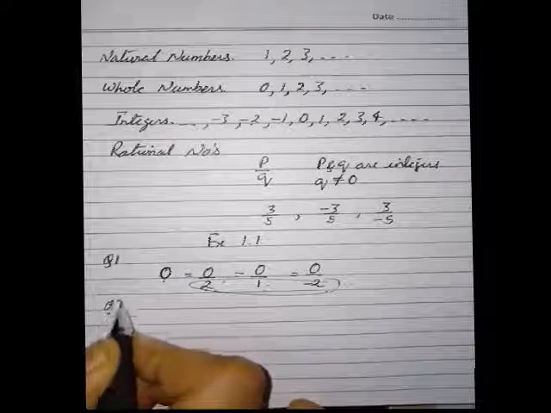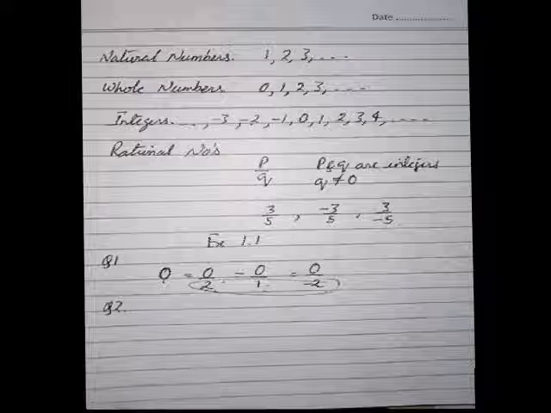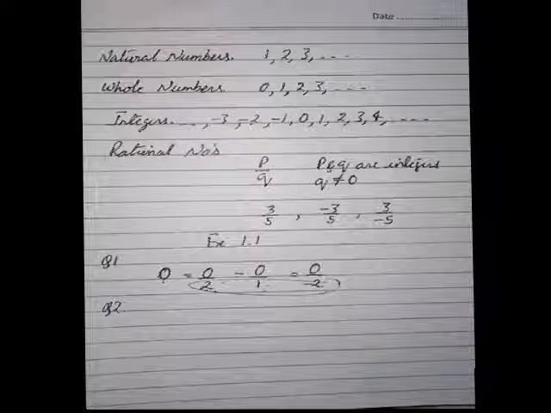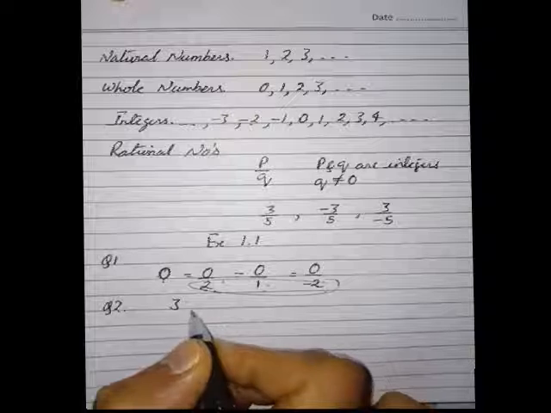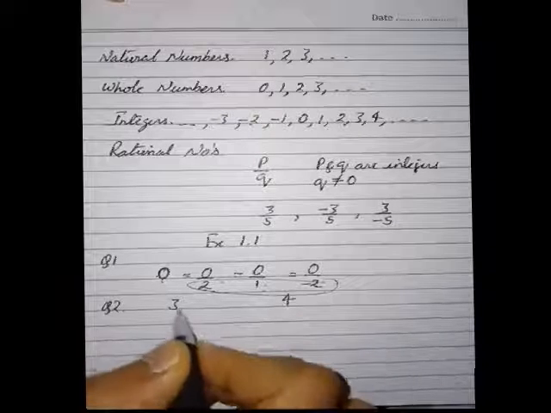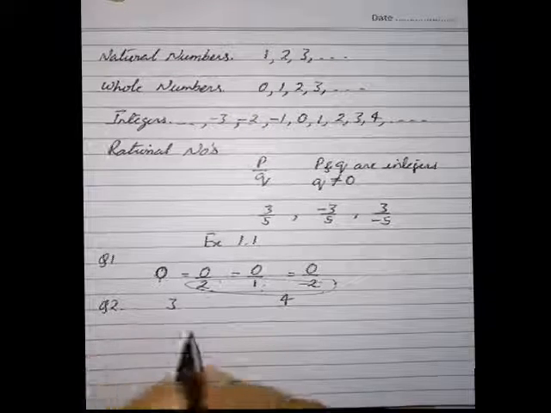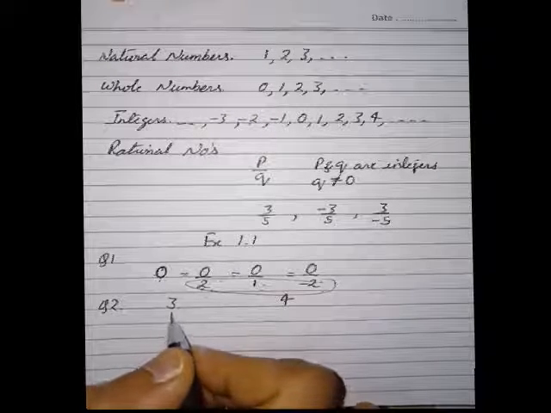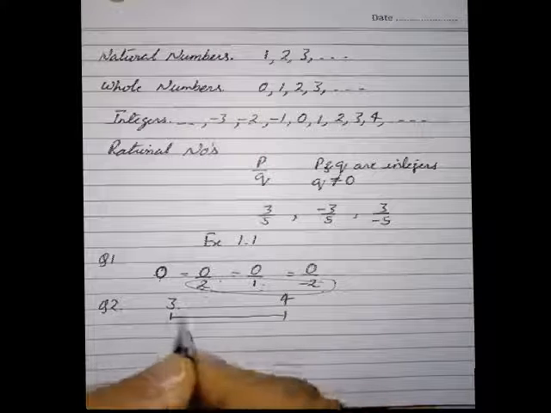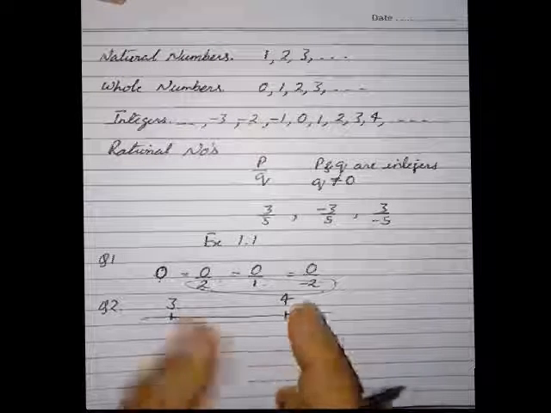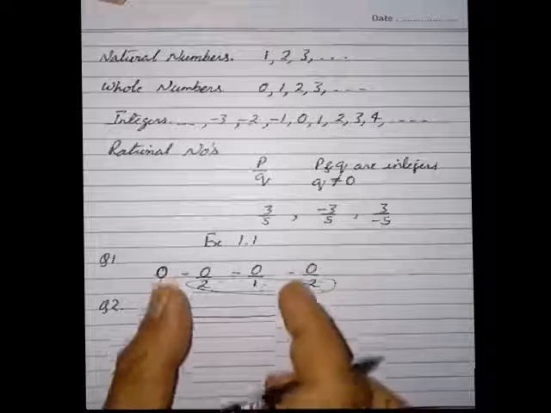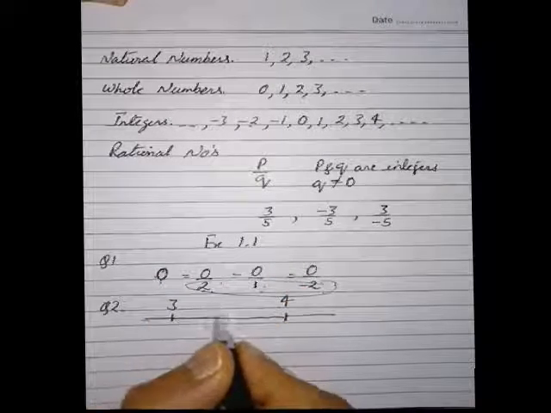Now moving to question number two: find 6 rational numbers between 3 and 4. We know that 3 and 4 are two numbers. If you draw a line on the scale, that will be 3, then 4. How many rational numbers can exist between these?